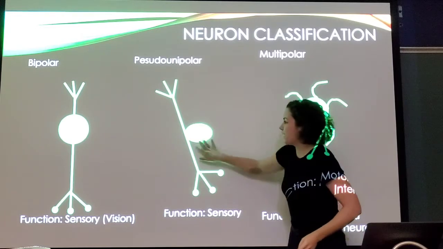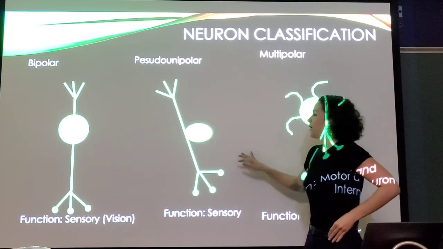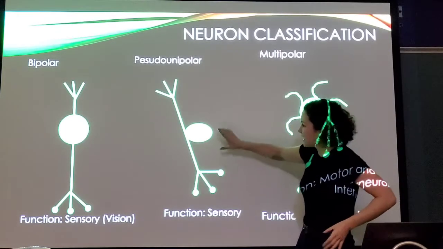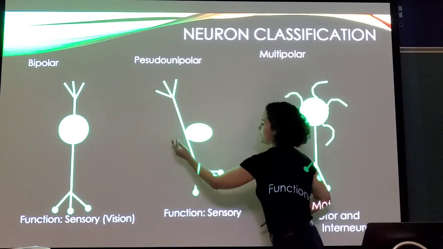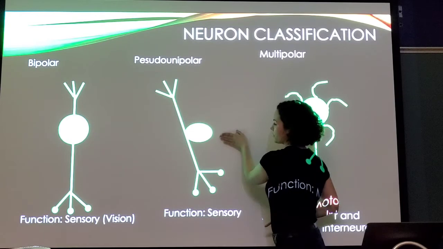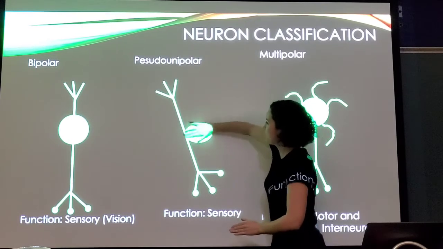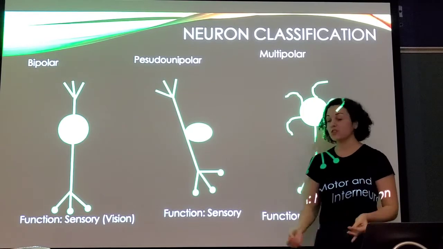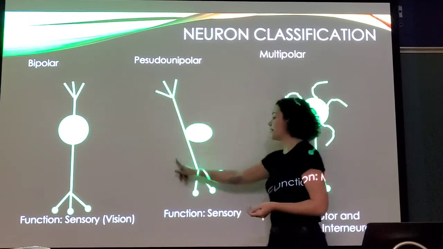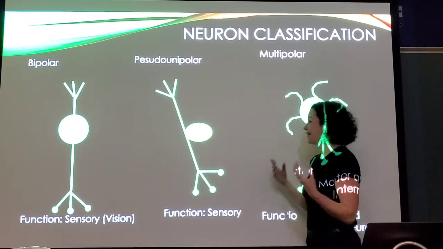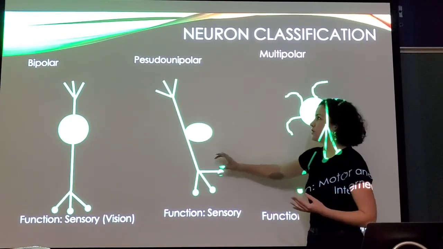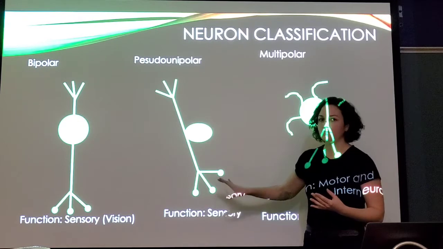You see the cell body still, the soma, but instead of just clear extensions, it's kind of pinched, as if the cell body kind of moved over a little bit, and there's just this one long extension, okay? So this is actually just all one long axon extension. There aren't really any actual dendrites on a pseudounipolar neuron.